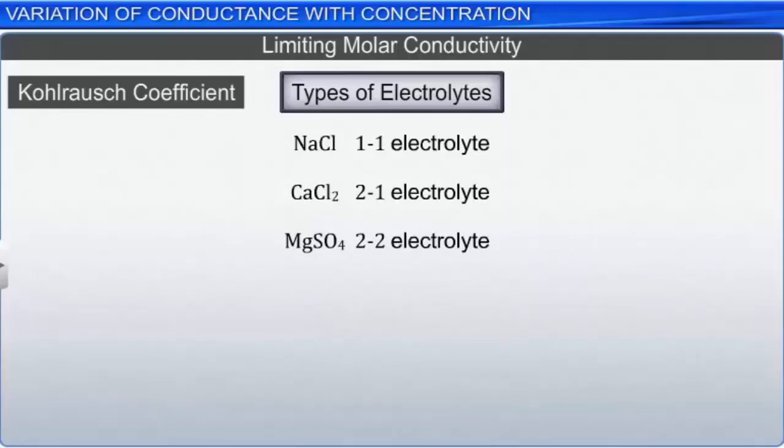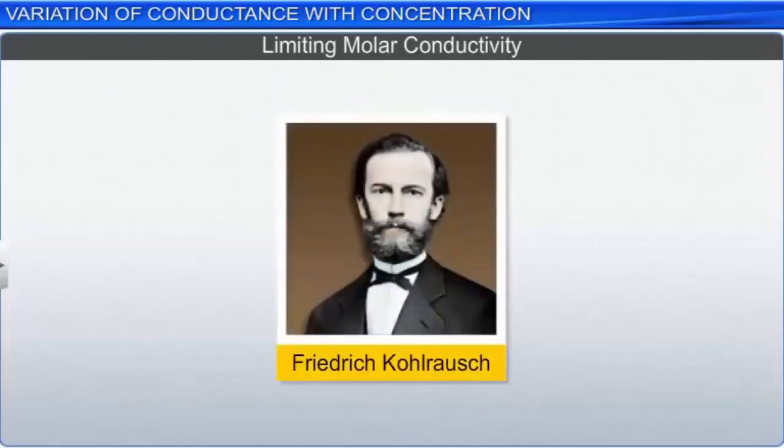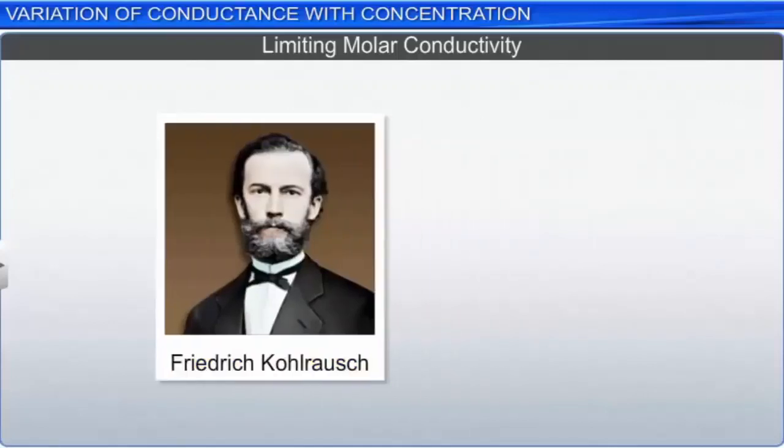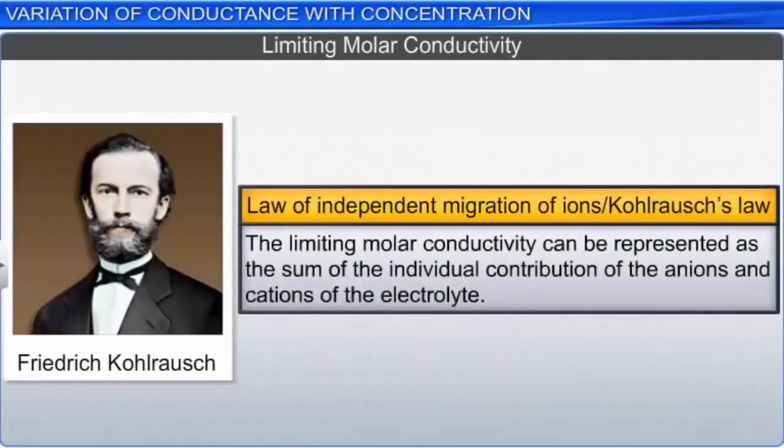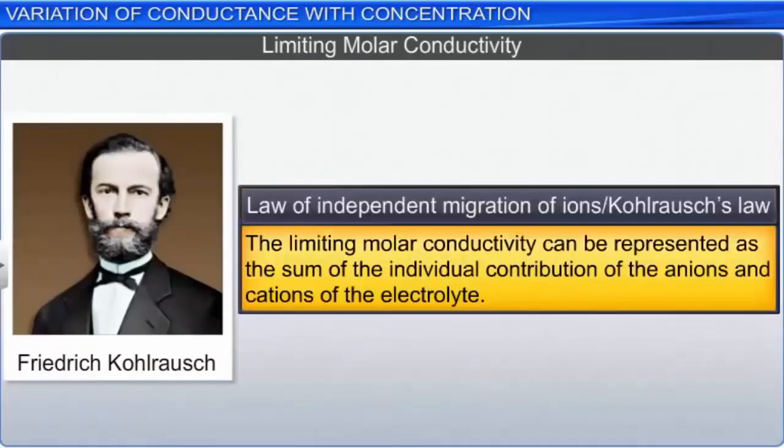Kohlrausch carried out studies on limiting molar conductivity for a variety of electrolytes. From his work, he deduced the law of independent migration of ions, or Kohlrausch's law. This law states that limiting molar conductivity can be represented as the sum of the individual contribution of the anions and cations of the electrolyte.